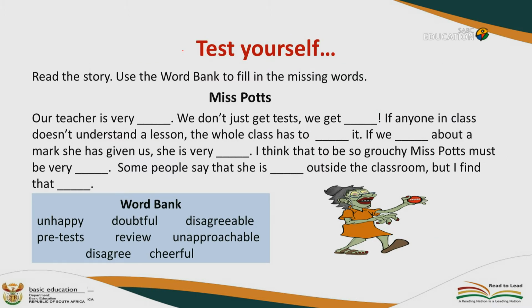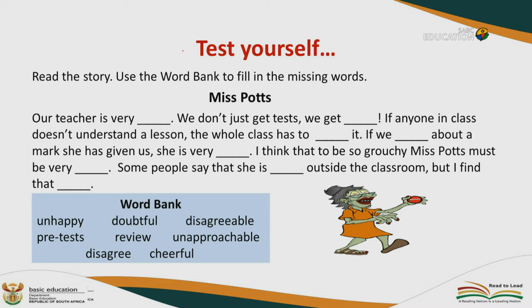Let us look at an activity on Miss Potts. It says, read the story, use the word bank to fill in the missing words. Our teacher is very, we don't just get tests, we get. If anyone in class doesn't understand a lesson, the whole class has to it.